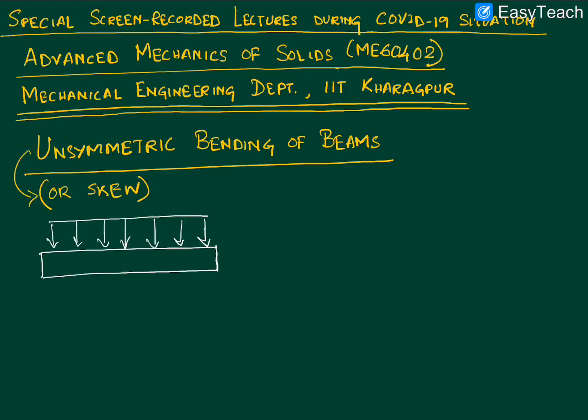Now, from the front view of this diagram, no question of symmetry or unsymmetry appears, but it will appear if we consider the cross section of the beam under consideration. If we look at the cross section from this end, the most common cross section that we had been considering during our undergraduate days was a rectangular cross section. It was something like this.